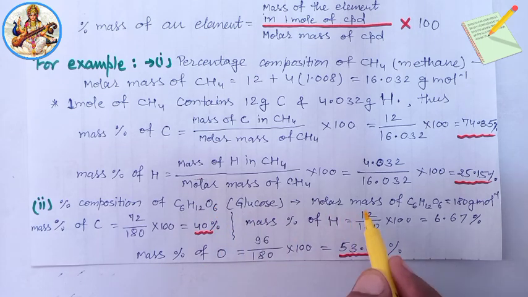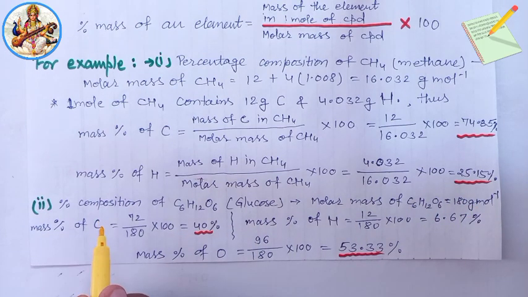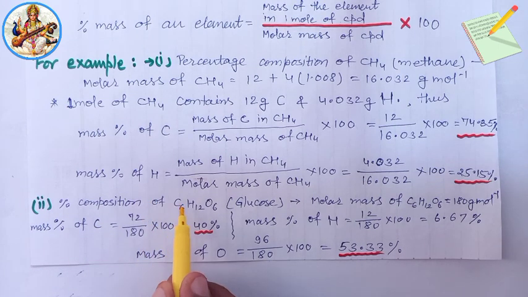The resultant value of molar mass of glucose is 180 gram. We know that 1 mole of glucose contains 72 grams of carbon, 12 grams of hydrogen and 96 grams of oxygen. Therefore, mass percentage of carbon is equal to 72 into 100 divided by molar mass of glucose, meaning 180.